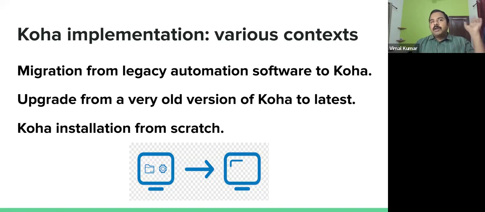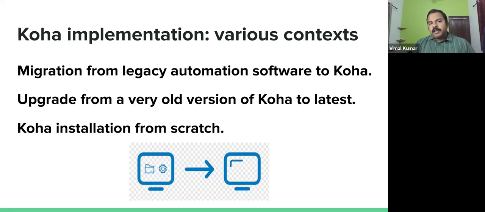Maybe Koha was installed 10 years back, but the latest version has a lot of changes in its database structure. So we have to upgrade. Then only we get the features of the latest version. Then migration from legacy automation software to Koha. Suppose you are working on another software, maybe a proprietary software.